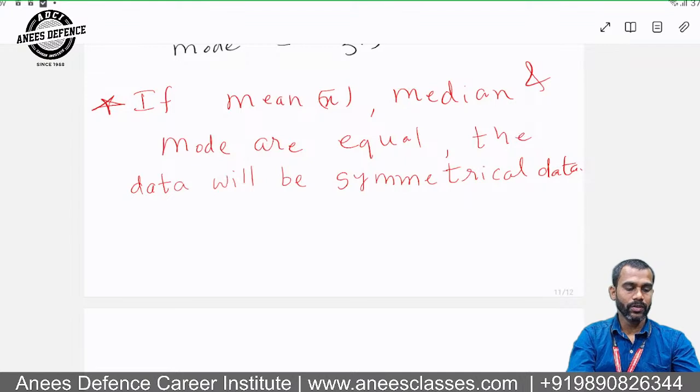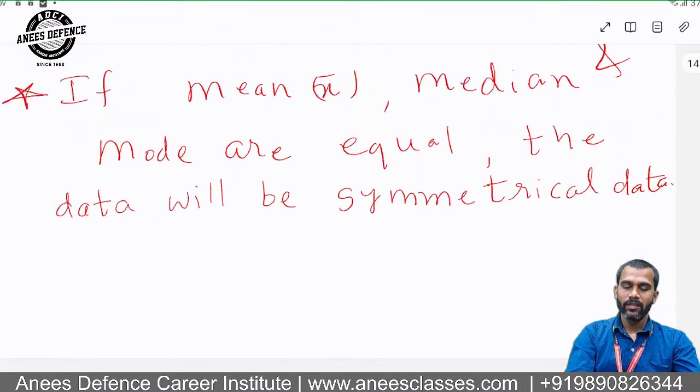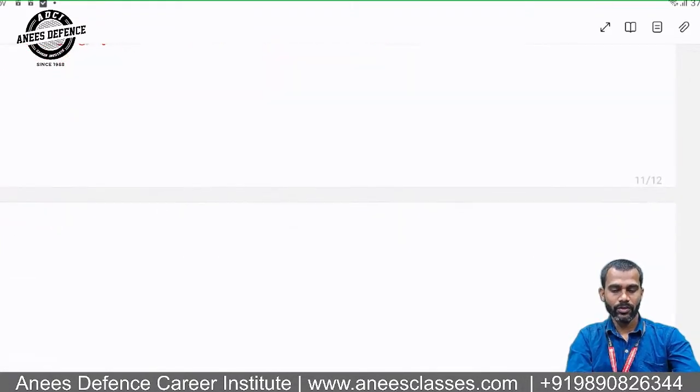We'll solve some questions on mean, median, mode now. So the lecture is still 120, not 1. It is still 120. Okay. So we'll solve some questions.